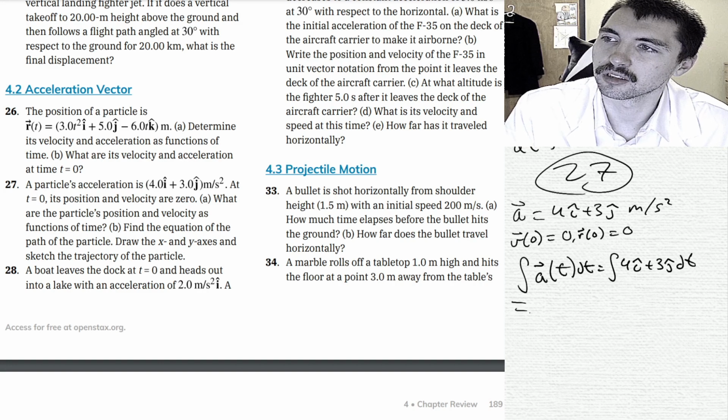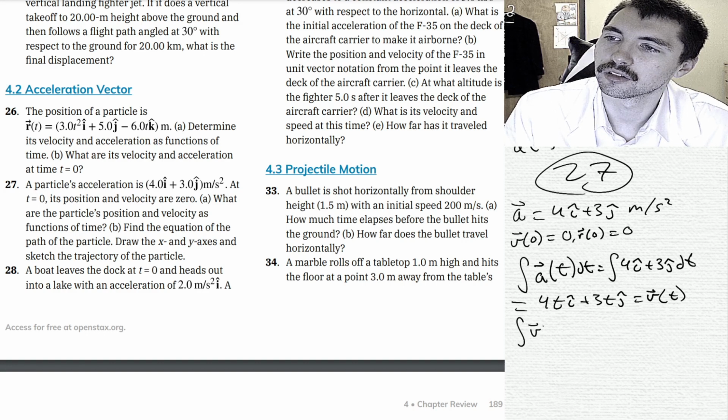So that's going to be 4t i plus 3t j, which is your velocity function. And then we integrate the velocity function.